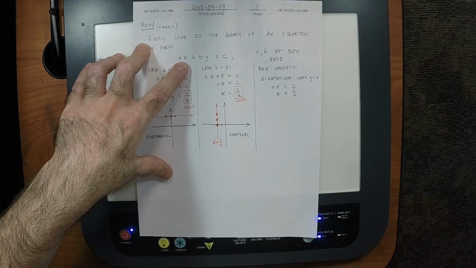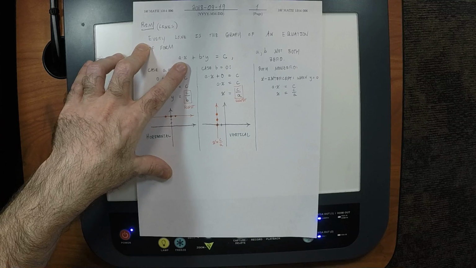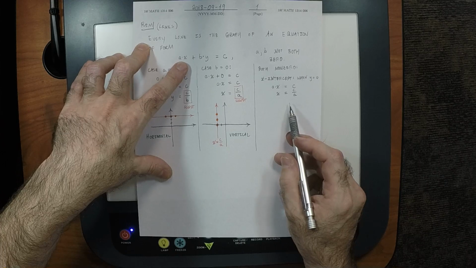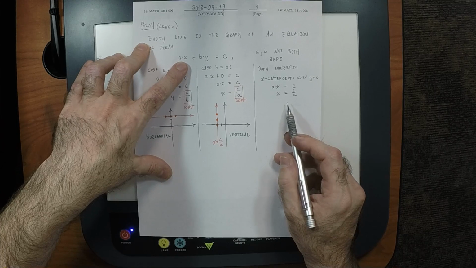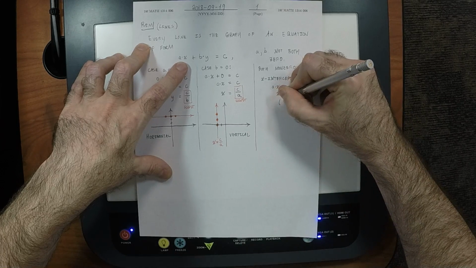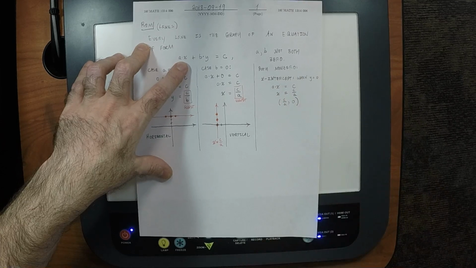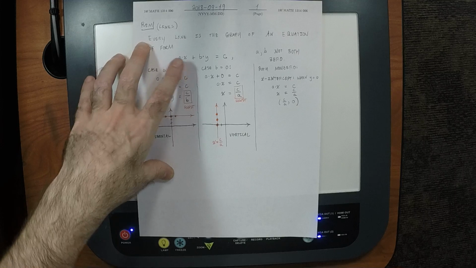So as a result, what's the x-intercept? You have to be a little bit careful because remember, an x-intercept is a point. So it's not c over a. It's c over a, comma, 0. Okay, so that's the x-intercept.